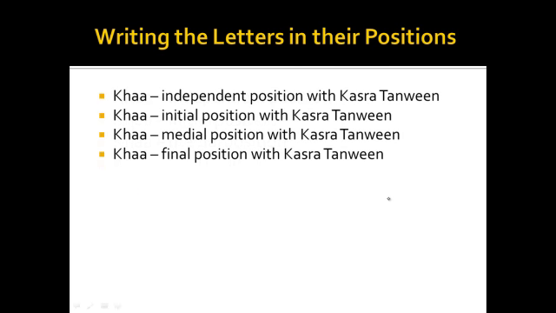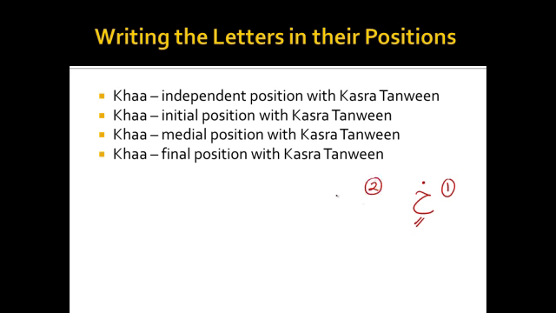Now let's look at the kha with the kasra tanween. So we have in position 1, the independent position, we have our kha. Now again, we said that the kasra tanween, like the kasra, is written below the letter. But the kasra tanween is 2 kasras. So we're going to write it like this. Khin.